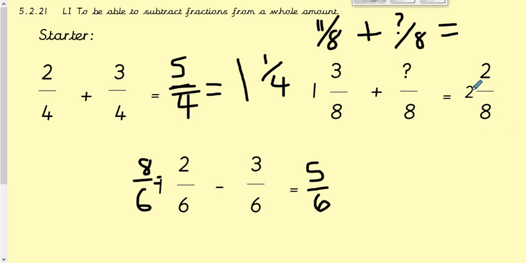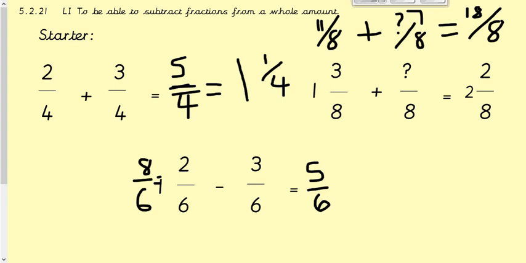So 8 times 2 is 16, add 2 is 18. Okay, so what do you add to 11 to get 18 for your new numerator? So 11 in your head, and then count on your fingers to get to 18. 12, 13, 14, 15, 16, 17, 18. So it'd be 7. Okay, and again, you could use a fraction strip to work that out, but I've just converted it into an improper fraction.